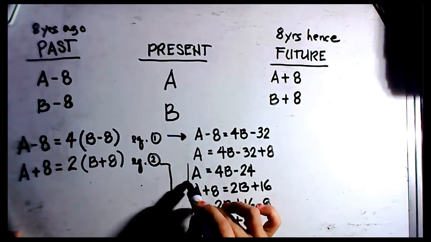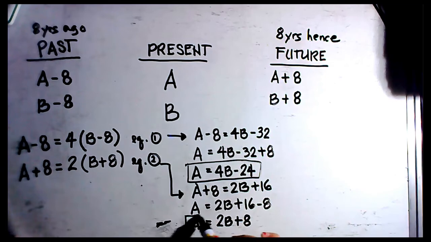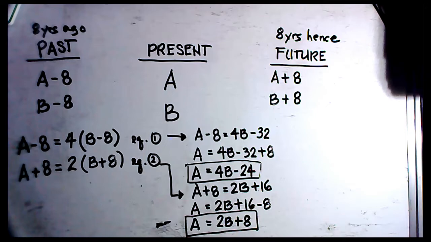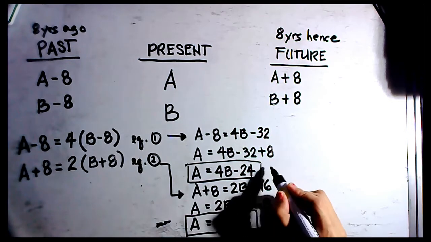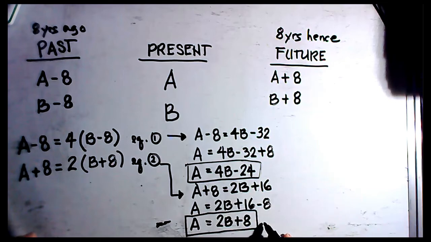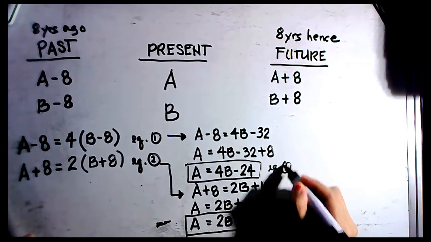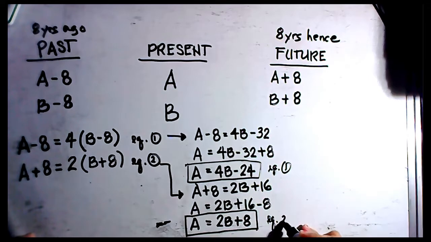So these are the two equations that we can derive, which we can use in solving for the ages of A and B. This is from equation 1, and this is from equation 2.